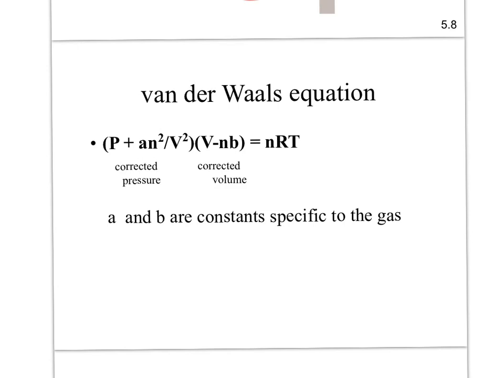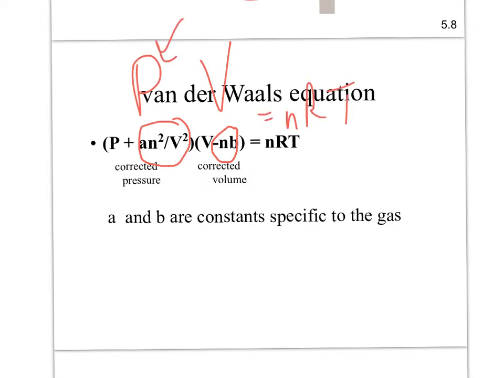So here is what's called the van der Waals equation. Even though it looks a little complex, really it looks like PV = nRT. This is P, this is V, this is nRT, except P and V have what are called correction factors, a and b.